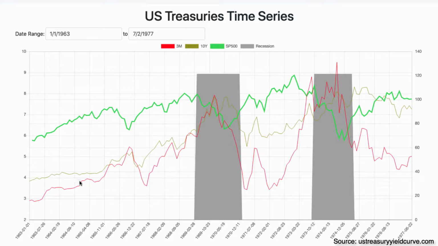Look at this spot in 1964: you had a 3-month Treasury yield of 3.86% and a 10-year yield of 4.19%. So the 10-year yield was above the 3-month yield, as it would be in a normal upward sloping yield curve.